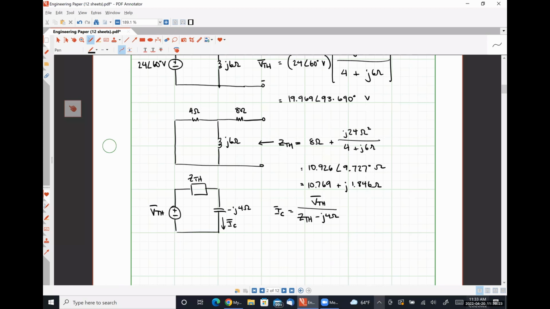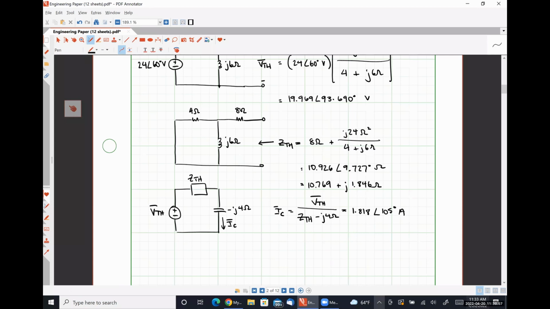So using stored variables in my calculator, I get a current of 1.818 angle 105 degrees amps flowing through my capacitor, using the Thevenin equivalent here to make determining the quantity of interest fairly trivial.